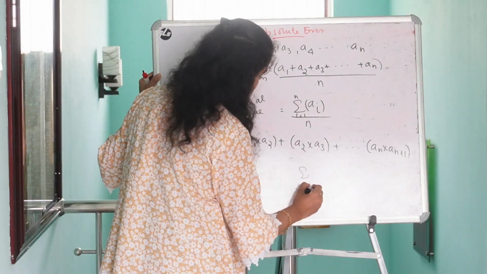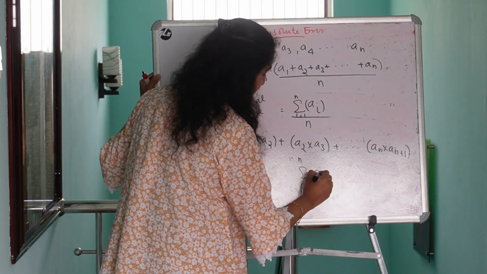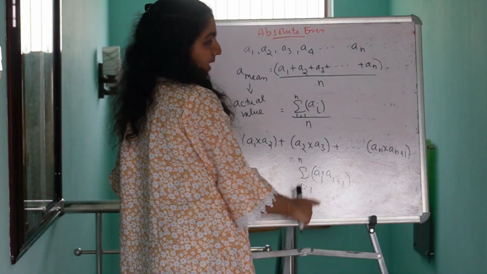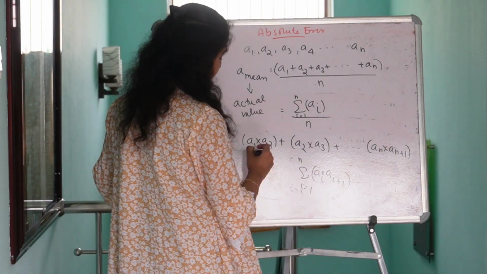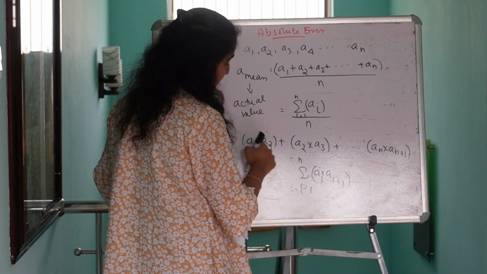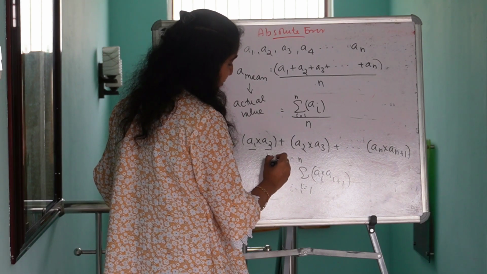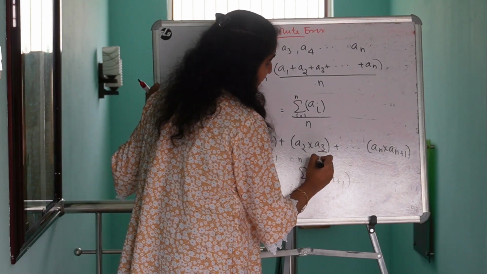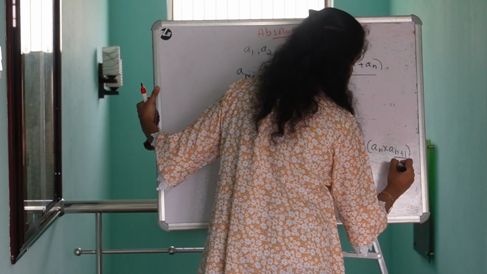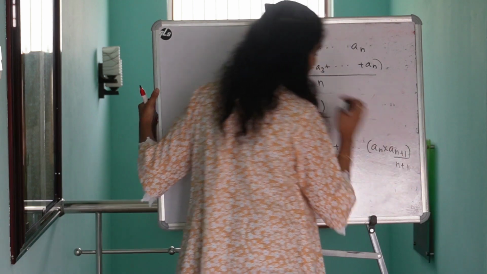Sigma, lower limit of i is 1, upper limit is n, Ai into Ai plus 1. Here I have A1 into A2. What is 2 equal to? 2 is equal to 1 plus 1. What is 3 equal to? 3 is equal to 2 plus 1. What is n plus 1 equal to? n plus 1 is equal to n plus 1.